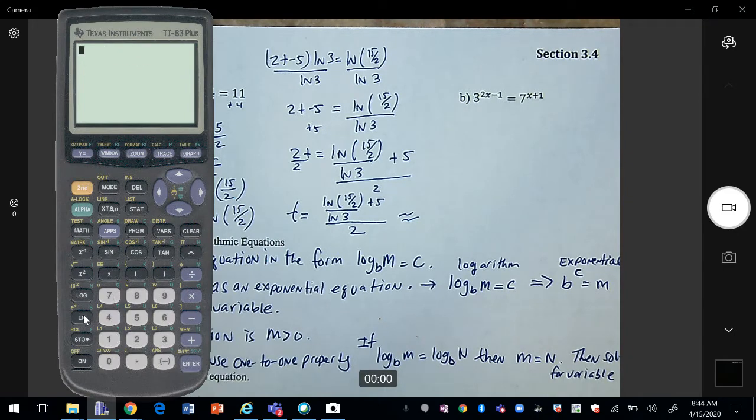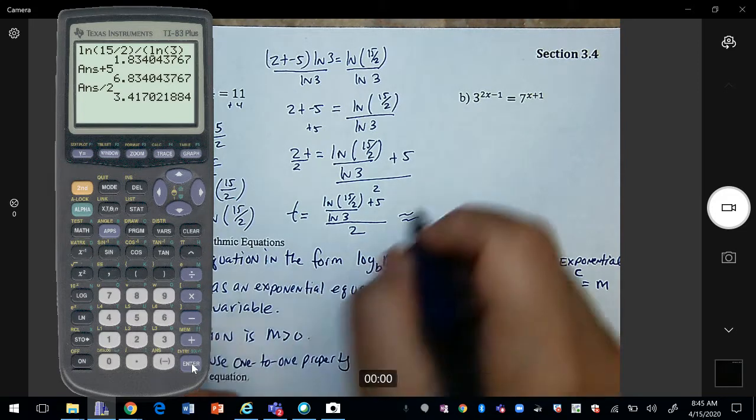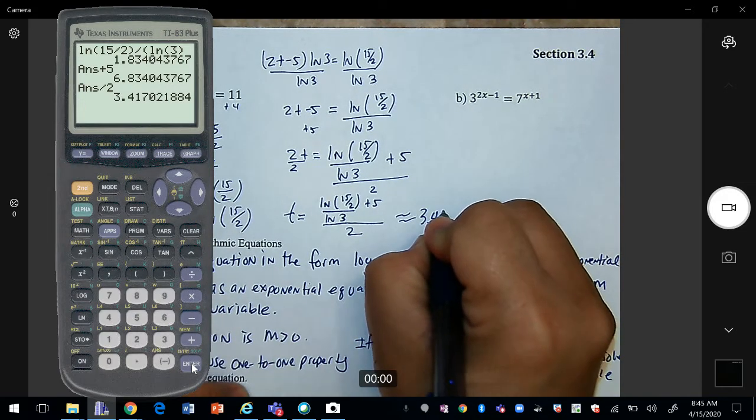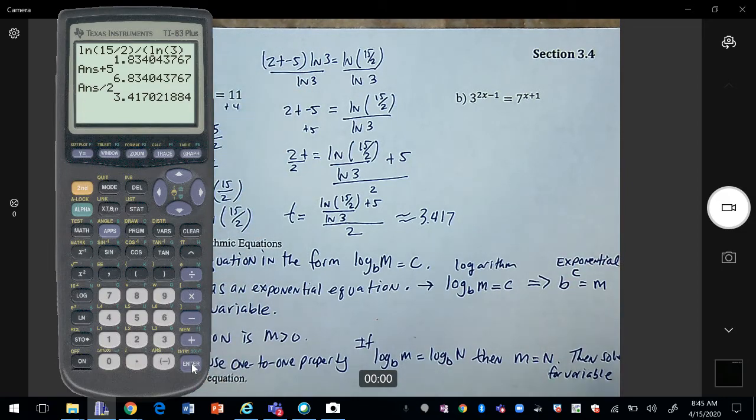So we have natural log of 15 divided by 2, divided by natural log of 3, plus 5, divided by 2. And so that's my approximation.